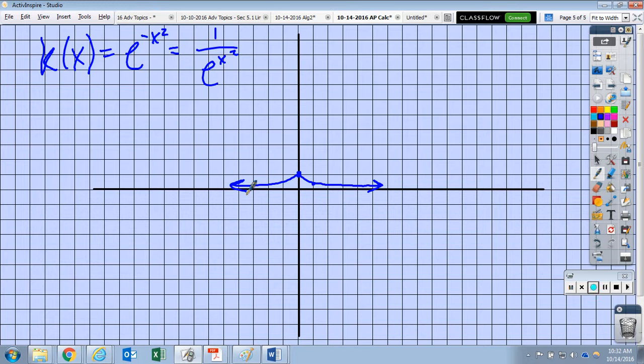So now can we answer the question? Are there any local or absolute extrema? Yes, there's an absolute max right there, at x equals 0, and the value of it is 1.